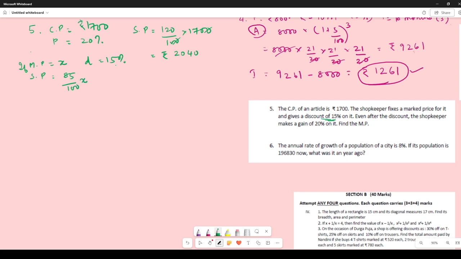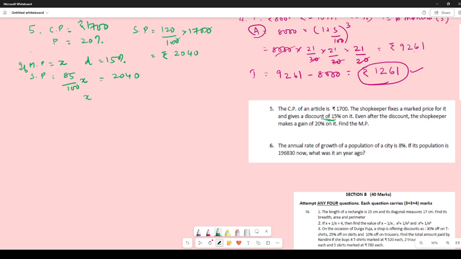Selling price is 100 minus discount by 100 into marked price. So this 85 by 100x is equal to 2040. Both the selling prices would be equal, right?